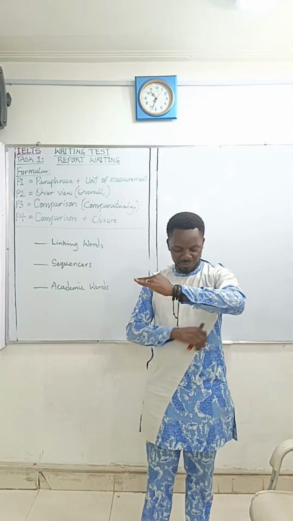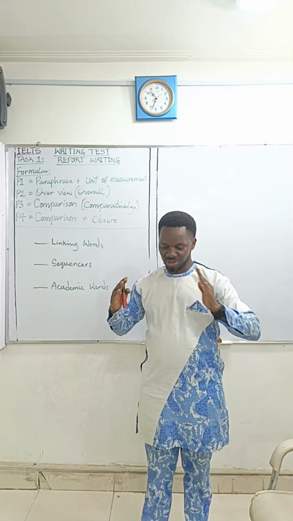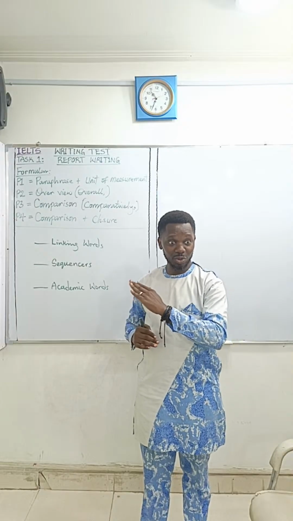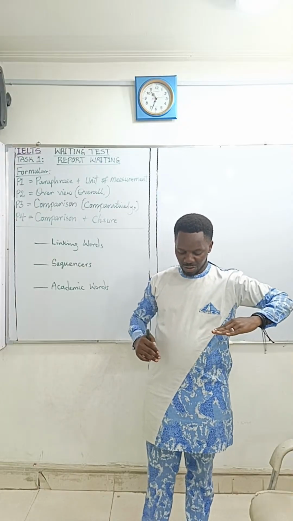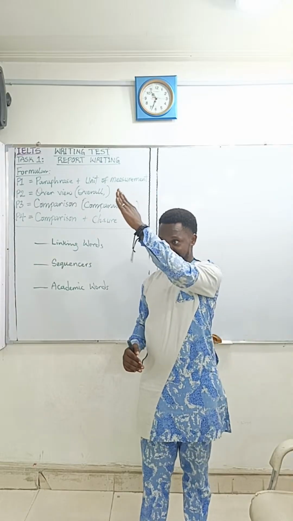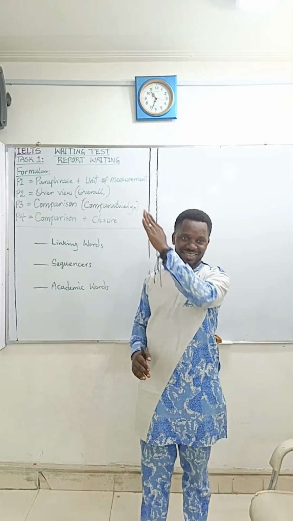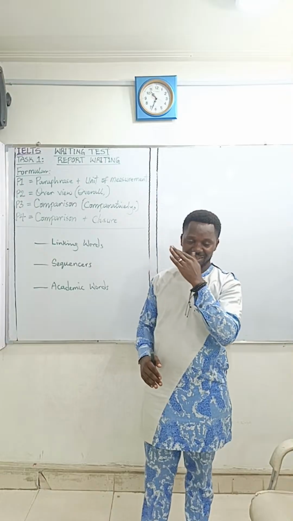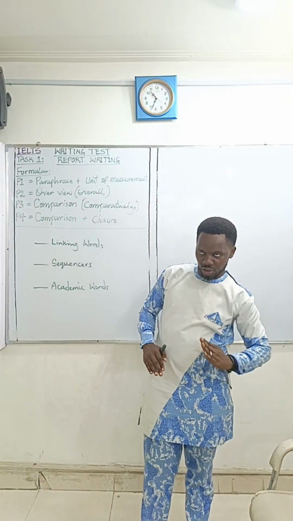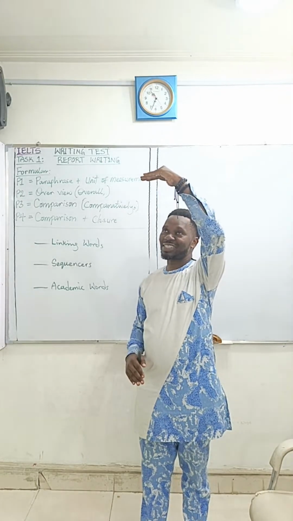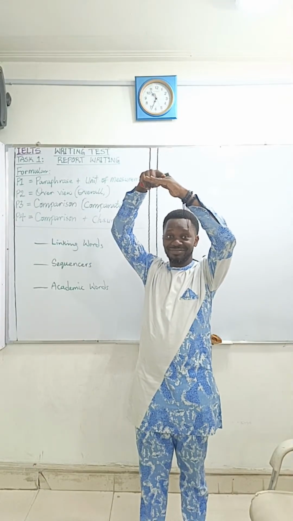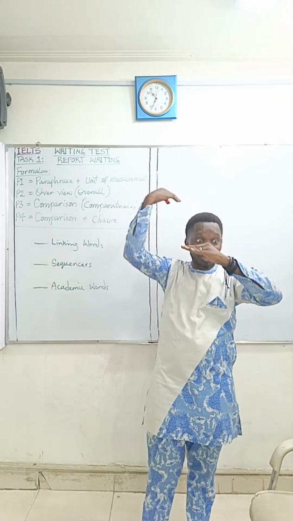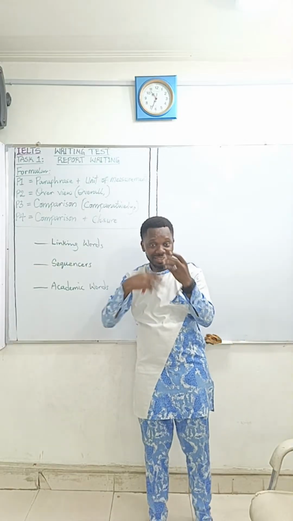So you are saying from this period to this period, it recorded a level of fluctuation. If the chart goes this way, that's surge, that's trajectory, right? If it goes and gets to this point, this is the peak. So these are words you must use when you are describing your report.